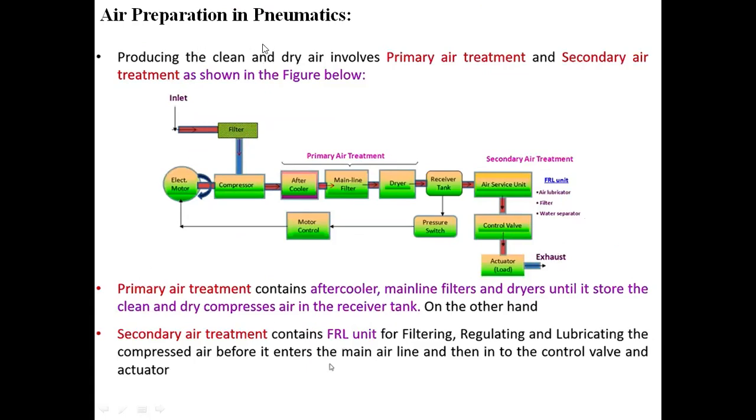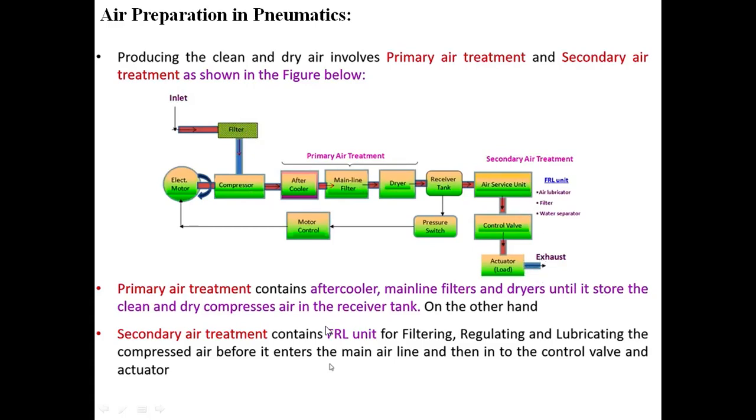So, air preparation in pneumatics. See the inlet of air through the filter to the compressor, after cooler, main line filter, dryer, receiver tank or service unit, control valve, actuator, exhaust.